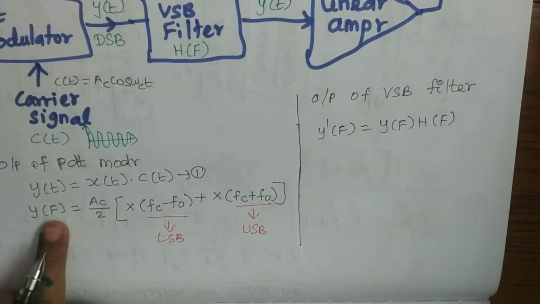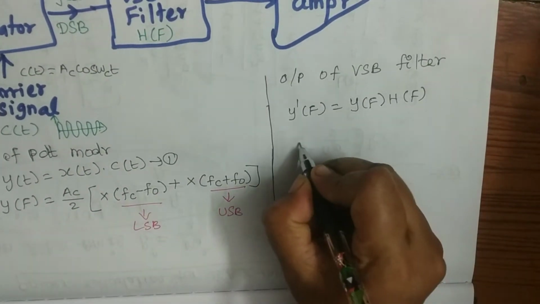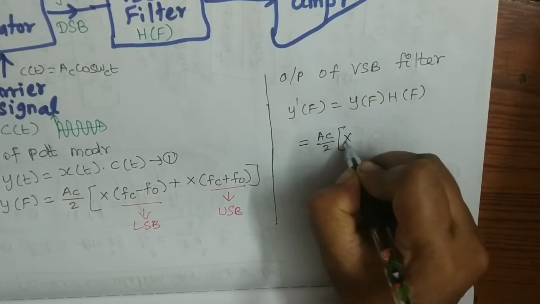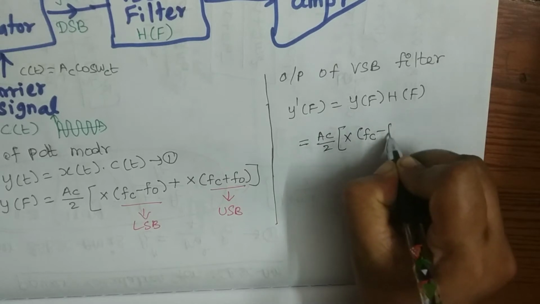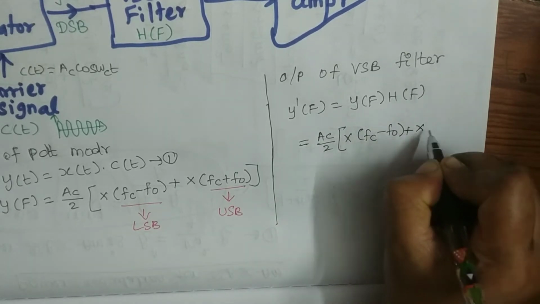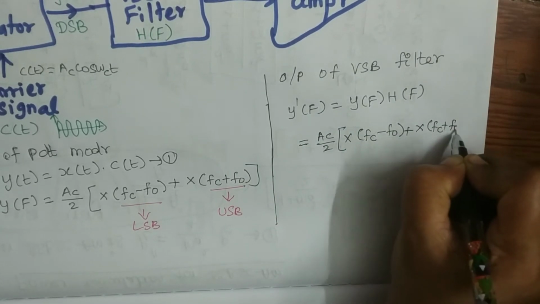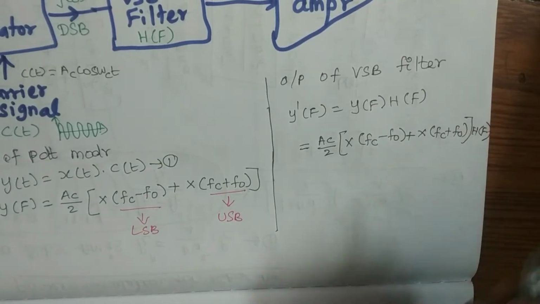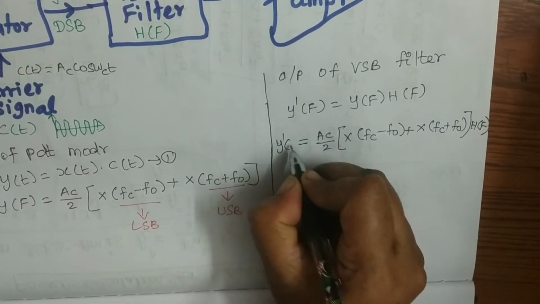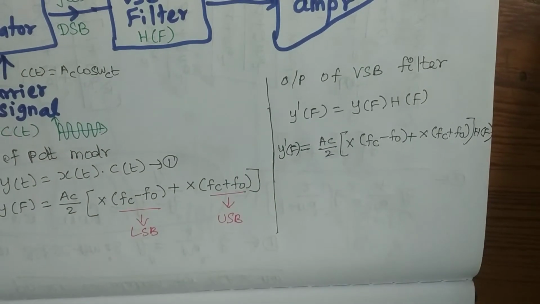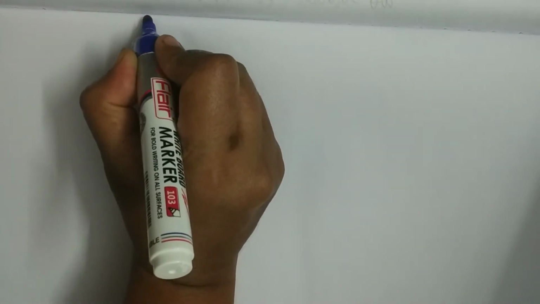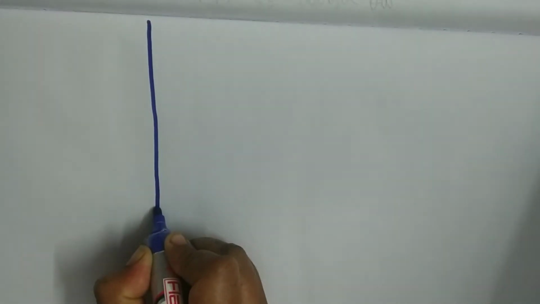We know the value of Y of f, so I am substituting Y of f is A C by 2 into X of f c minus f naught plus X of f c plus f naught, into H of f. So this is the output of the VSB filter. Now I draw the frequency response, then you can easily understand how the VSB signal is generated.